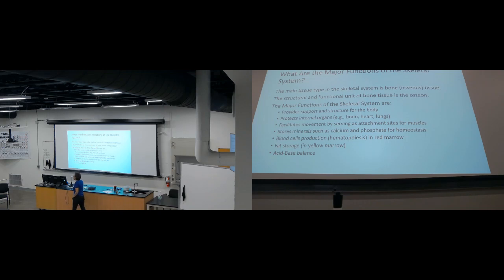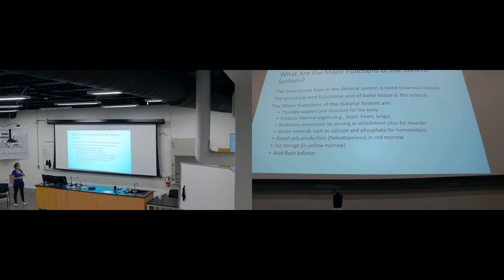We have our lower limbs and upper limbs that allow us to manipulate the environment. We have the torso with the ribs, the vertebrae, and the sternum that form cavities so that we can protect internal organs. It's like if we had a little tunnel inside our body. So that's providing support and structure.